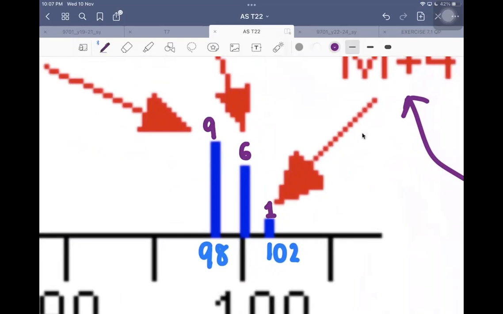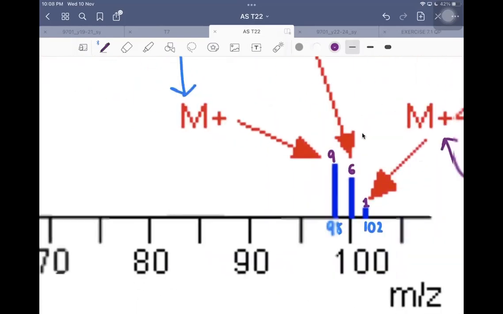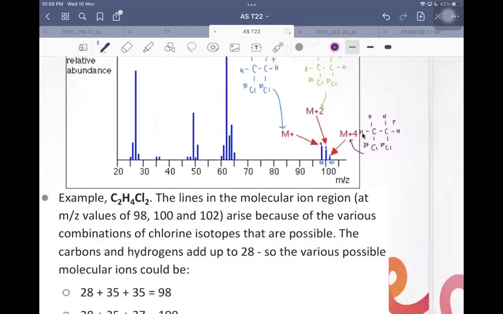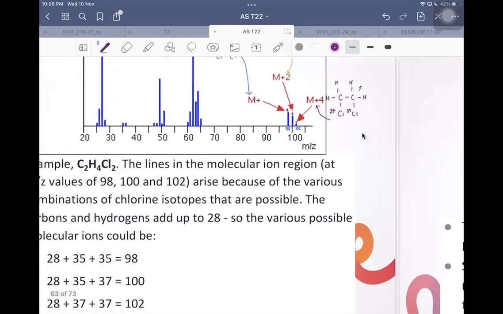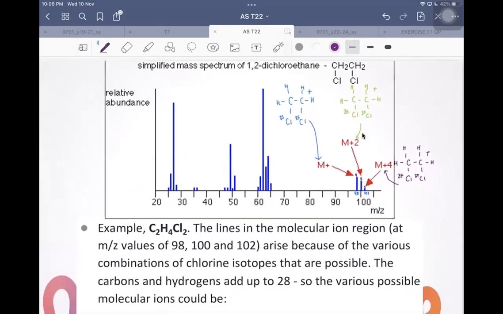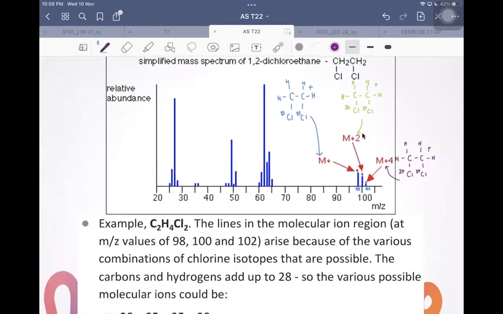It doesn't matter what type of molecule you have, as long as there are two chlorine atoms in there, the relative abundance will be 9:6:1, and the differences will be +2 and +4 of your molecular ion. You may read the explanation in the text of your notes, but that should explain the three peaks and why they are at those heights.